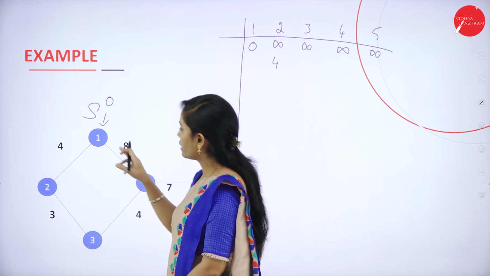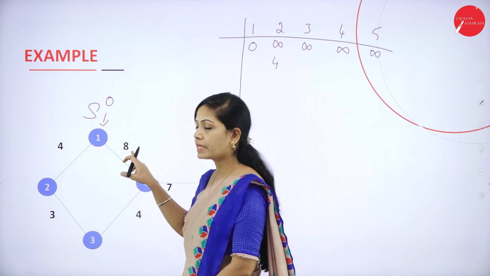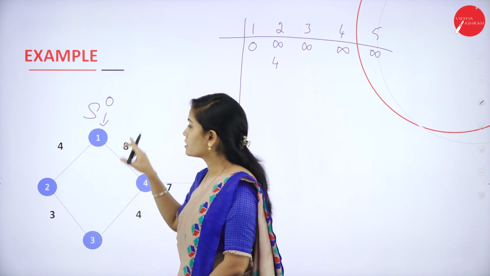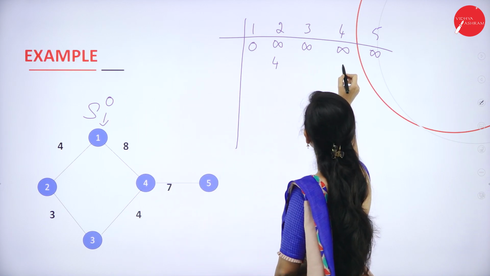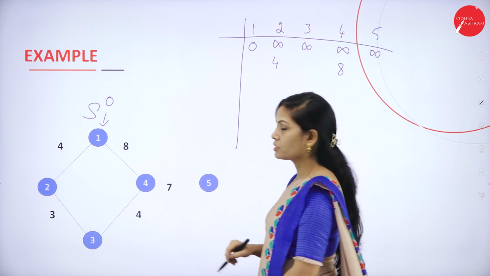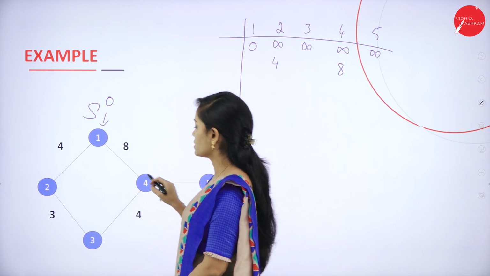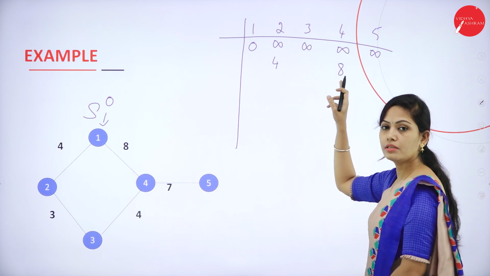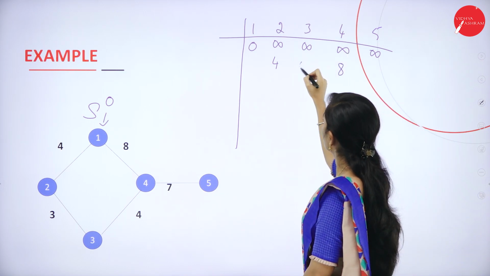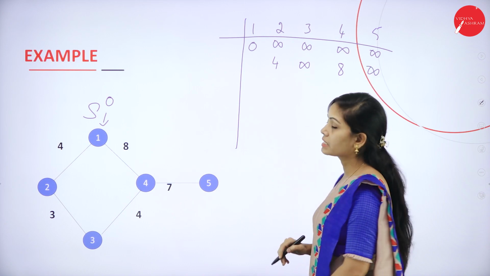And traveling from 1 to vertex 4, the edge value is 8. So 0 plus 8 is 8. So 1 is connected to 2 and 1 is connected to 4, so below 2 and 4 I have written the edge weights. The remaining values are the same.